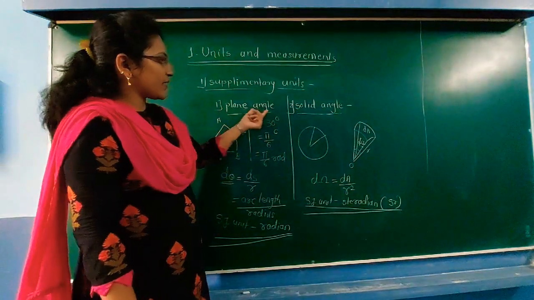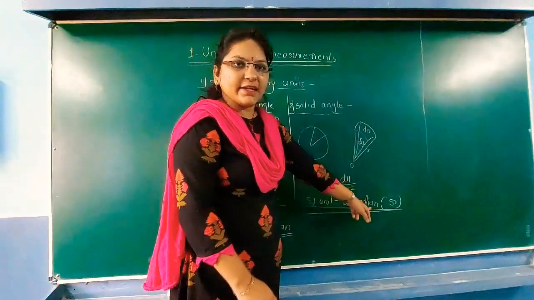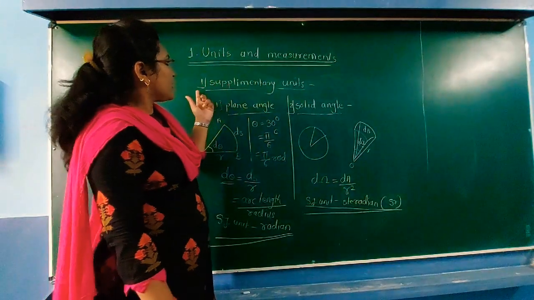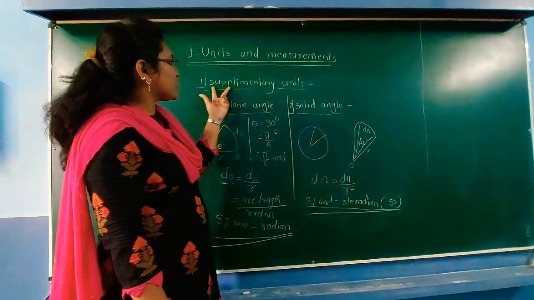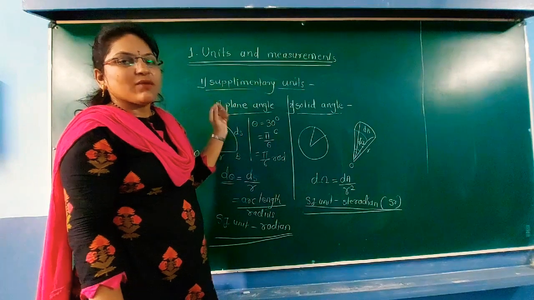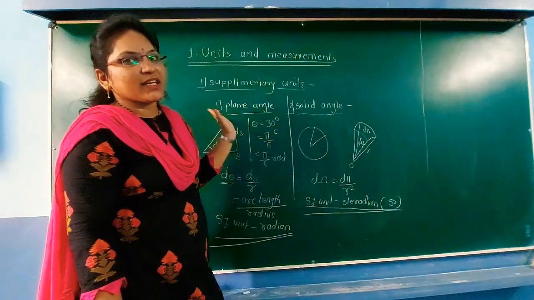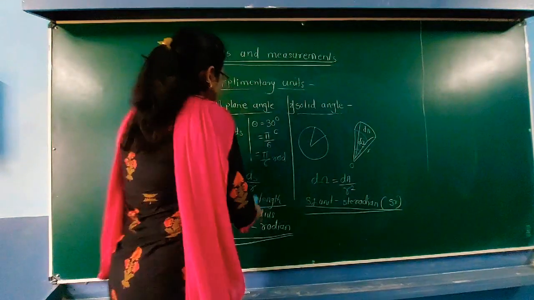Radian and steradian are the supplementary units. Okay, now we will see.